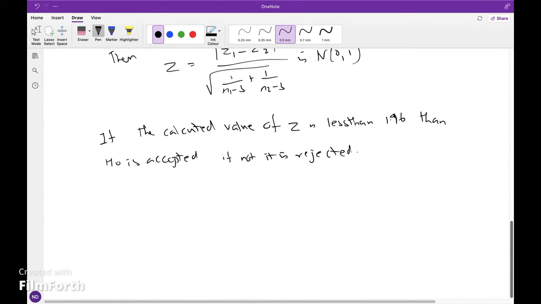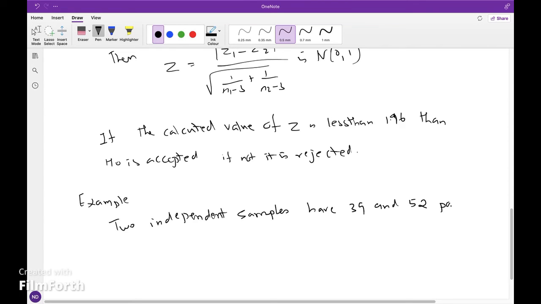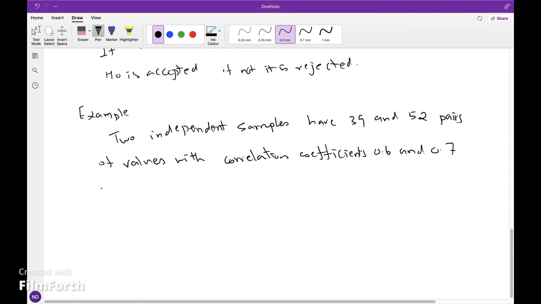Example: two independent samples have 39 and 52 pairs of values with correlation coefficients 0.6 and 0.7 respectively.